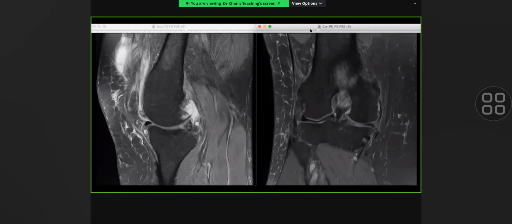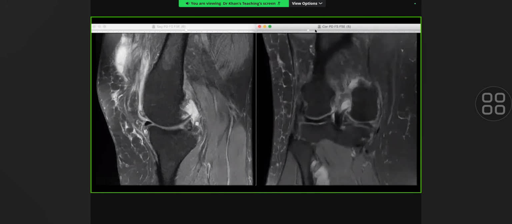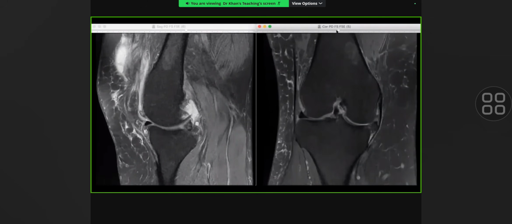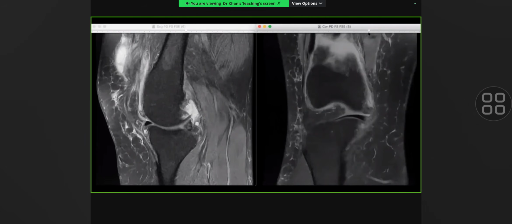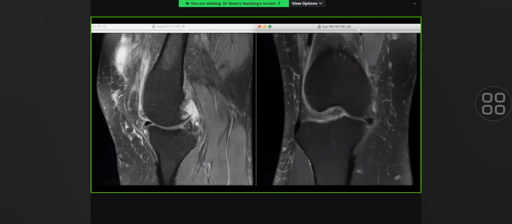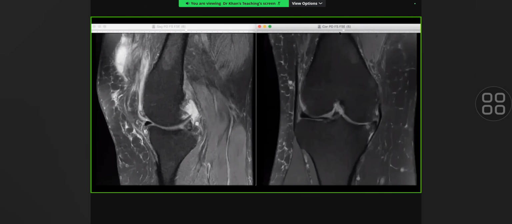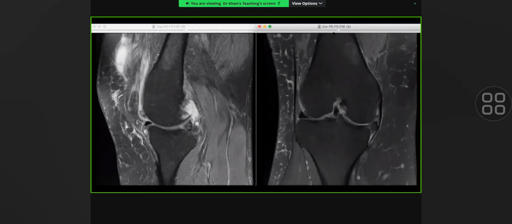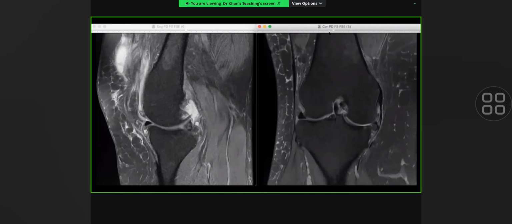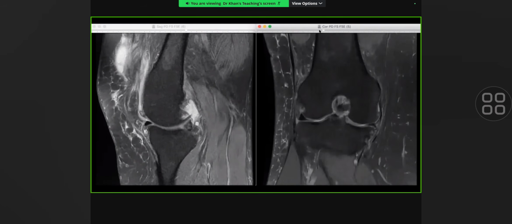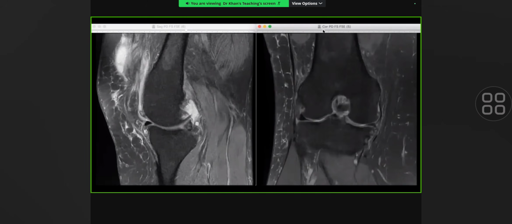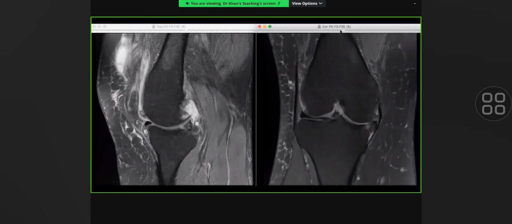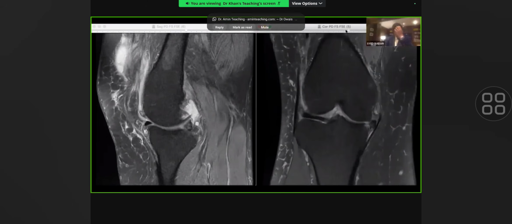And the anterior horn of the medial meniscus is, that's okay. I'm trying to trace it back posteriorly to confirm whether there was a bucket handle injury and to find the displaced fragment, which is usually in the intercondylar notch, but I'm not seeing it.